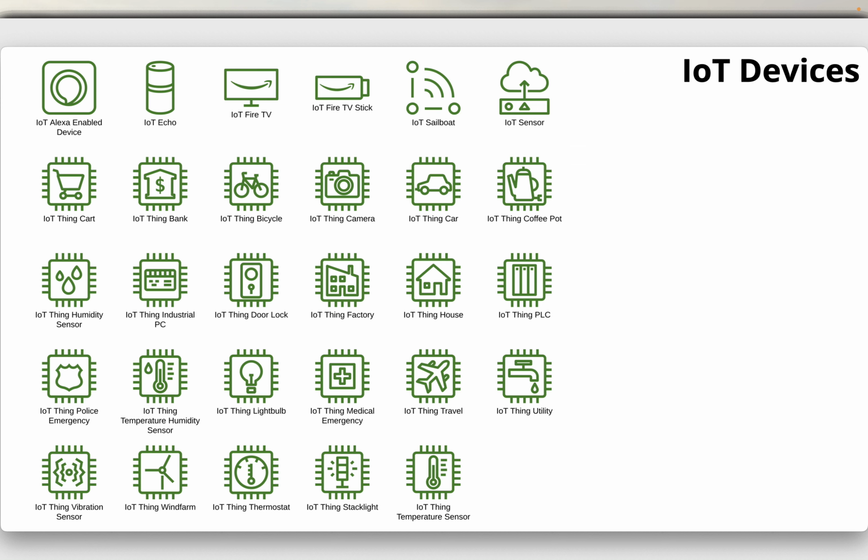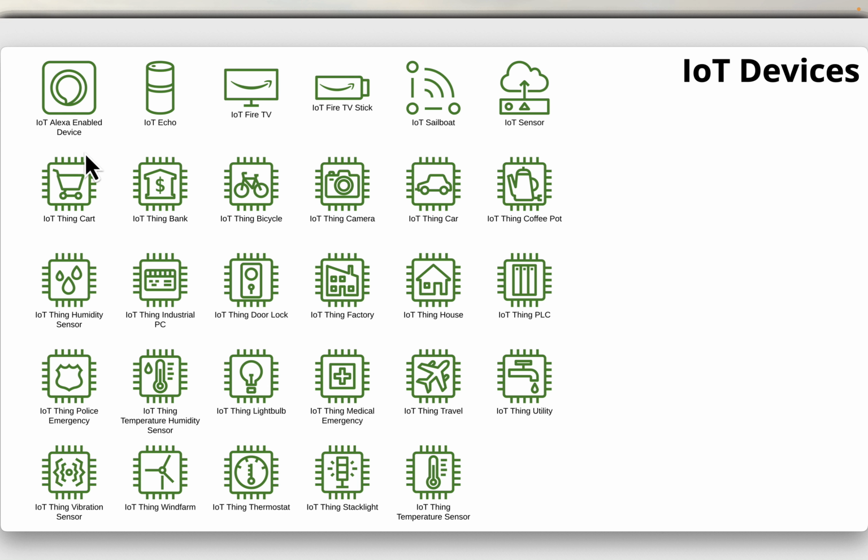Next is IoT devices. So on your screen you can see a list of IoT devices. This is just an indicative list. This is not the complete comprehensive list. So new IoT devices come every day and this is growing at a very rapid pace.